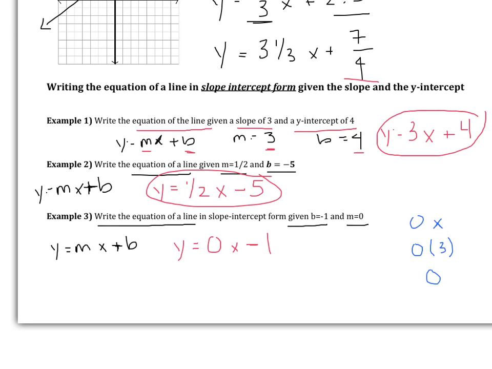So you don't need to write 0x, we can just put 0. So now we just have 0 minus 1. What is 0 minus 1? Well, 0 minus 1 is just negative 1. So when you have a slope of 0, the proper way of writing it is to take the slope out and you just have the y-intercept. All right, let's go to the next.